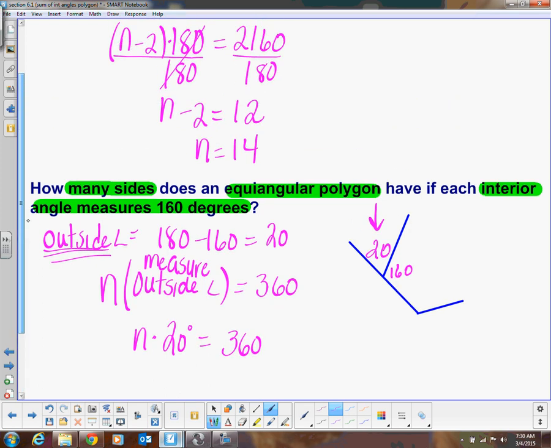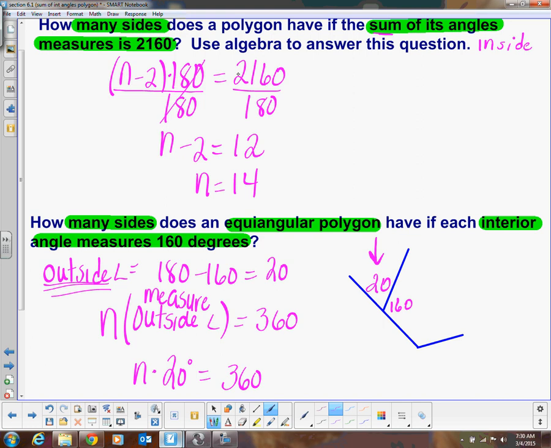Why didn't we set this up here equal to 360? Why didn't we say n minus 2 times 180 equals 360? What is n minus 2 times 180? It's the sum of the interior, correct.